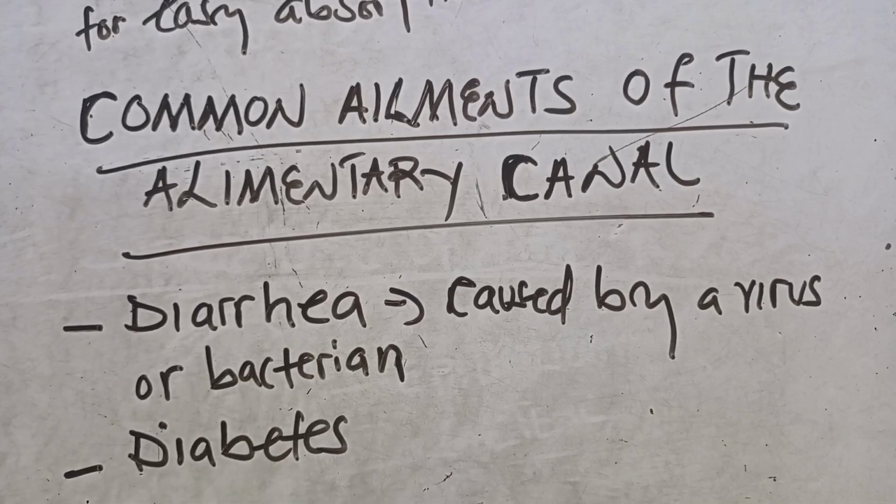People who are suffering from diabetes usually say, this person has sugar, so that ailment is called diabetes.